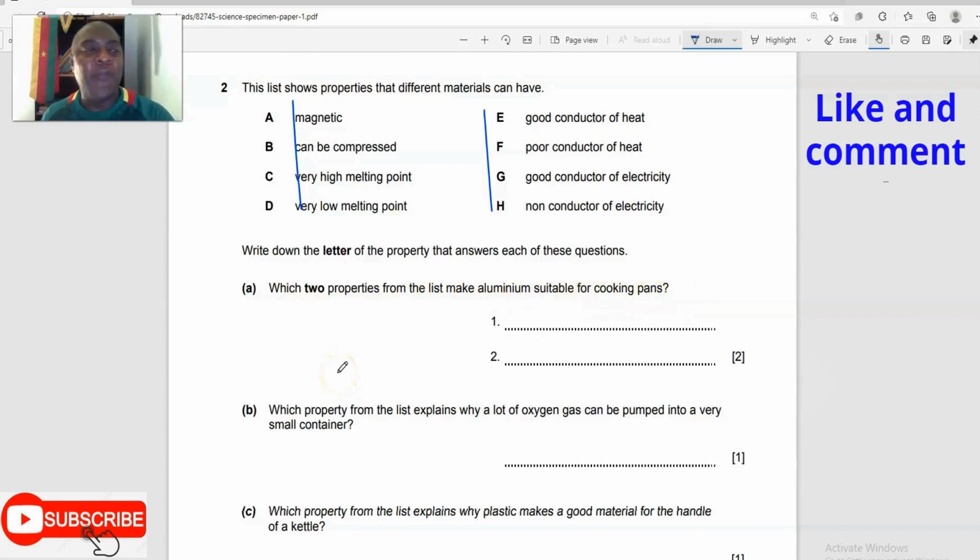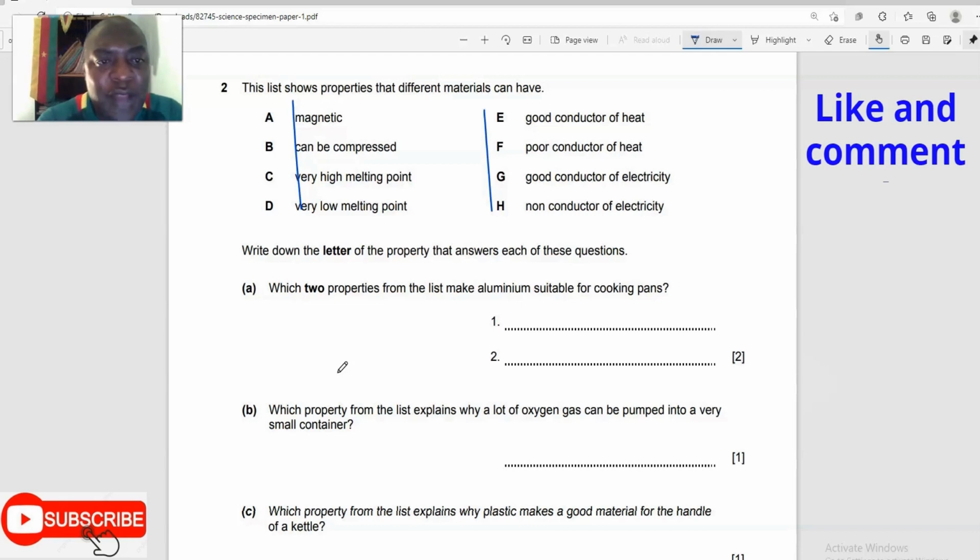At our homes, our cooking pans and frying pans are mostly made out of aluminum. Which properties actually make it suitable for a cooking pan?